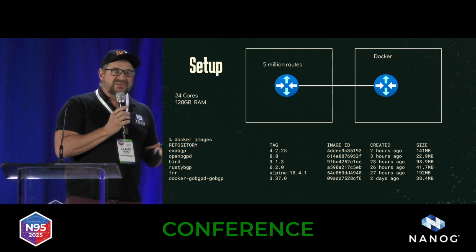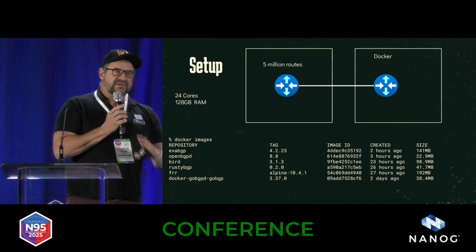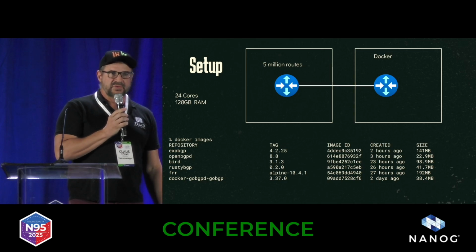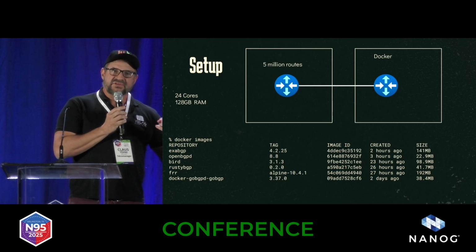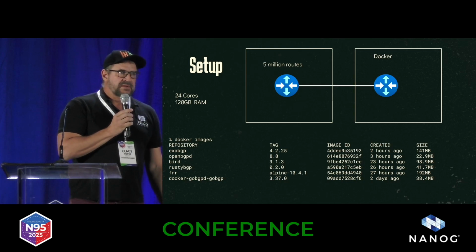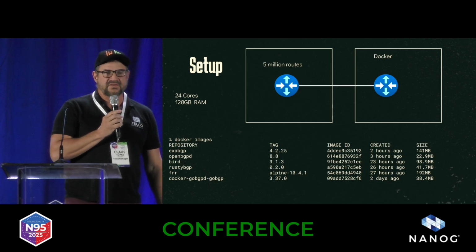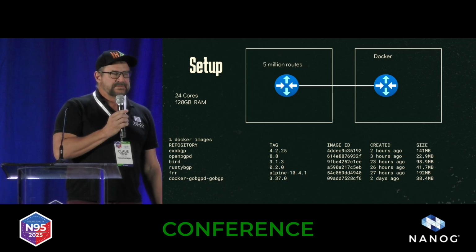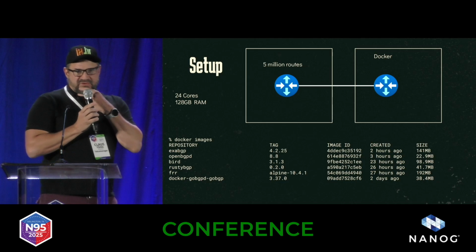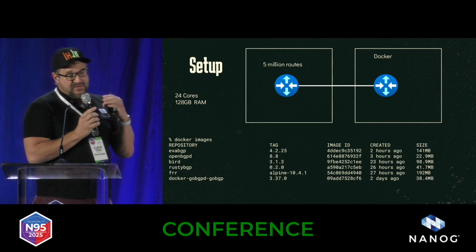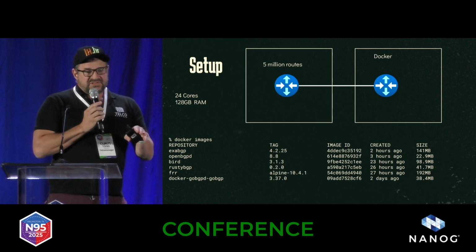The idea was to test, when I put 5 million routes and connect, how long it takes for the router to update itself and have those 5 million routes. Then I shut it down and see how long it takes to clean up the memory allocated for those 5 million routes. This is not the best approach to testing performance, but it's the easiest and fastest way I could find.